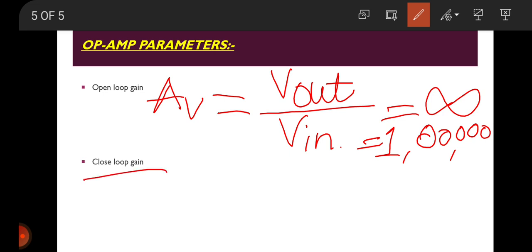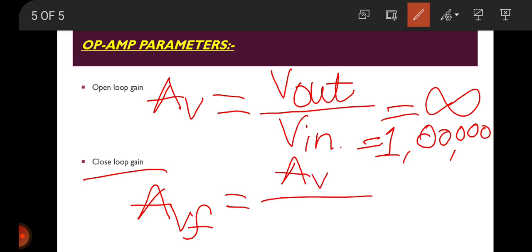Then next is closed loop gain. It is the voltage gain of op-amp with external feedback. It uses negative feedback. Due to negative feedback, gain is reduced but stabilized and there is decrease in distortion. It is expressed as AVF, that is closed loop gain, equals AV, that is open loop gain, upon 1 plus beta AV.